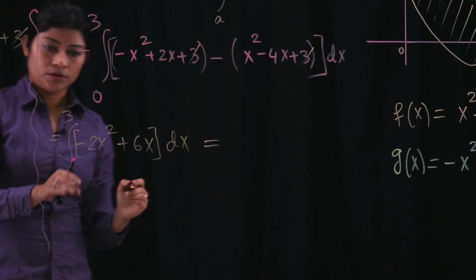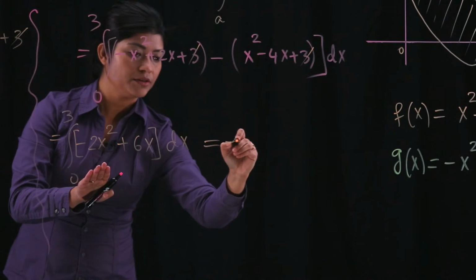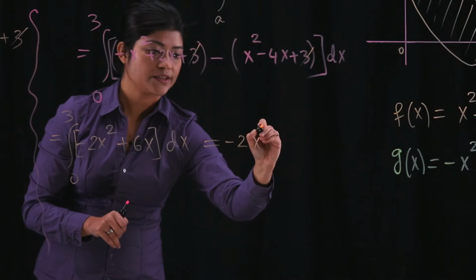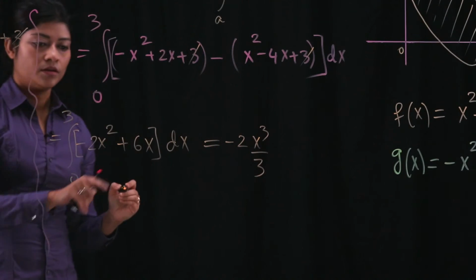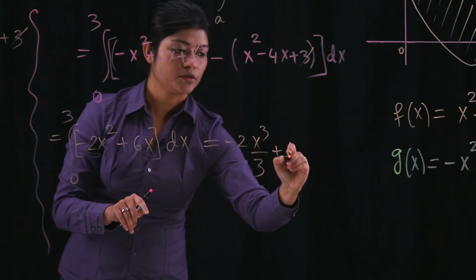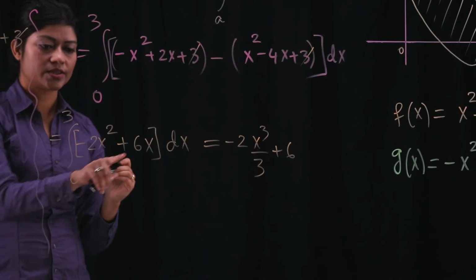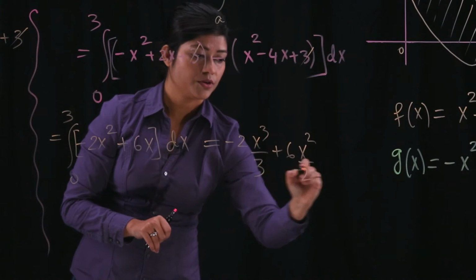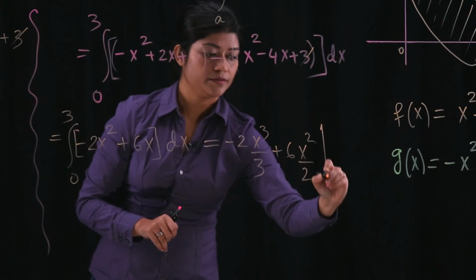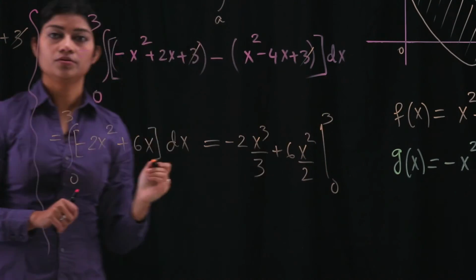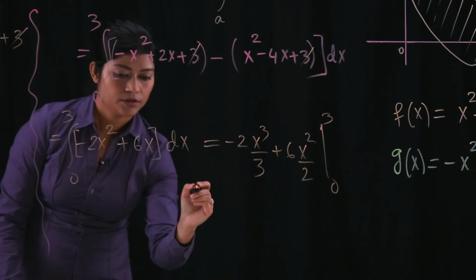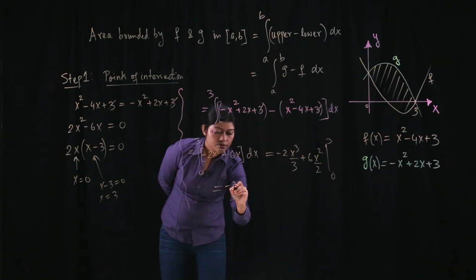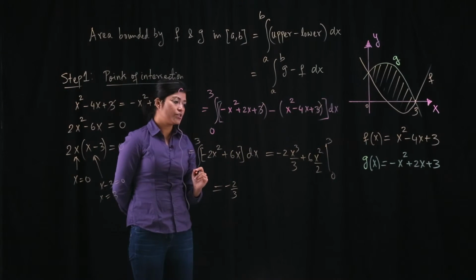For the first term, pull out the negative 2, and the antiderivative of x squared is x cubed over 3. For the second term, pull out the positive 6, that constant. The antiderivative of x is x squared over 2. Then you plug in the values 0 and 3. So let's continue. For the first term, negative 2/3 is the constant.